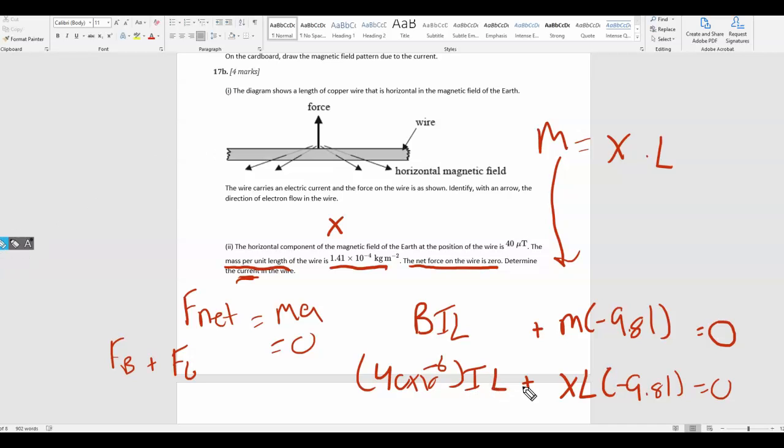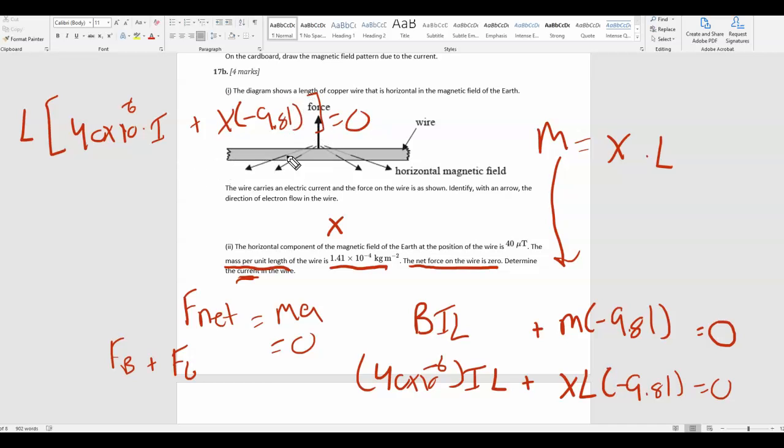Because both of these have an L in them, I can factor out the L. So L times 40 times 10 to the negative 6 times I, plus X times negative 9.81, all of that is equal to 0. And I can divide the L out. If I divide both sides by L, 0 divided by L is 0, and L divided by L cancels. Now I'm left with an equation that's very easy to solve for I.